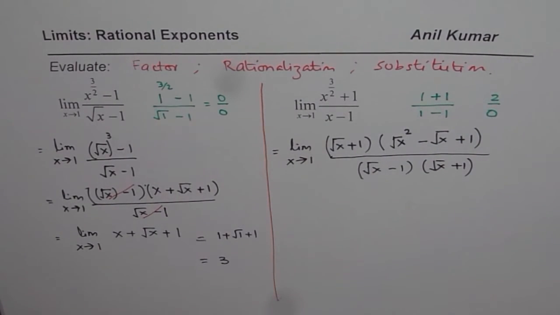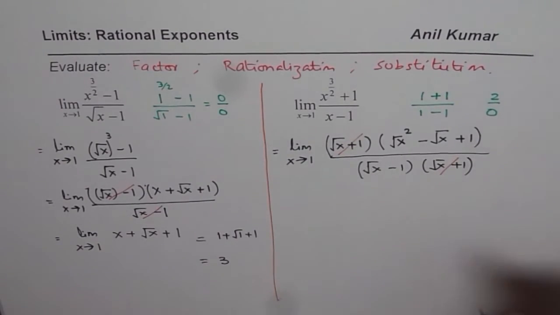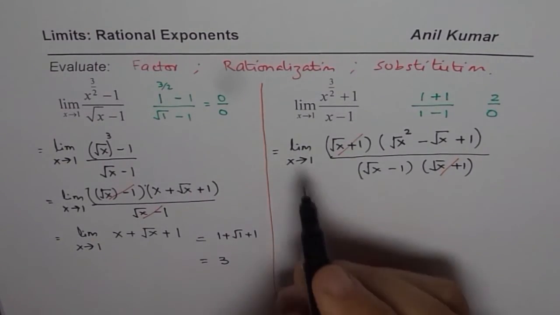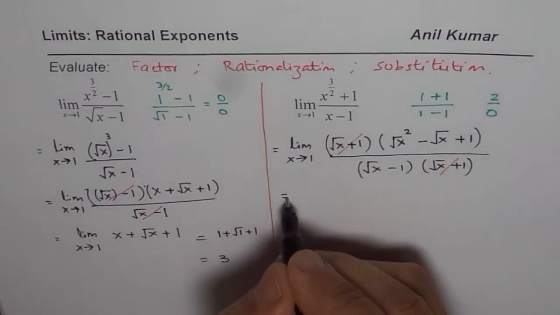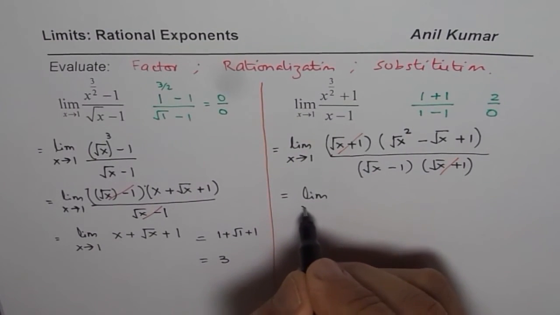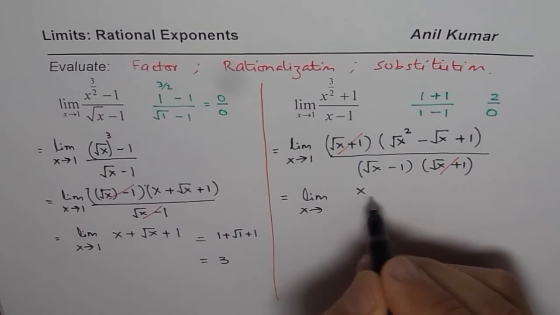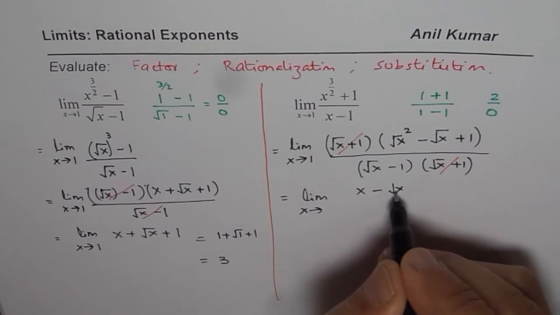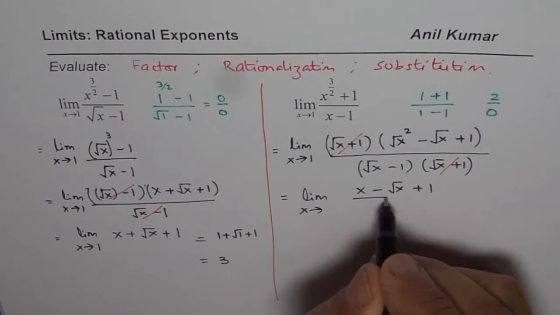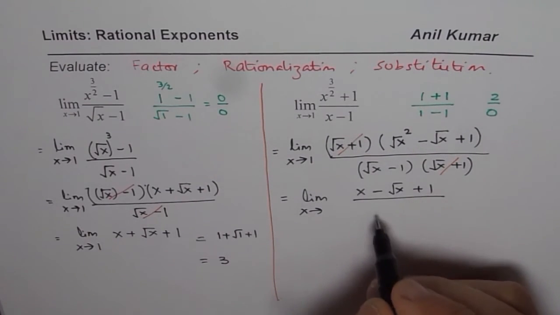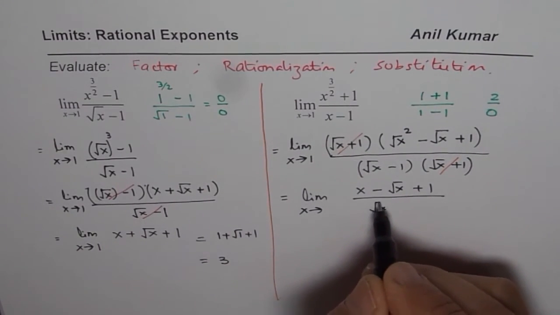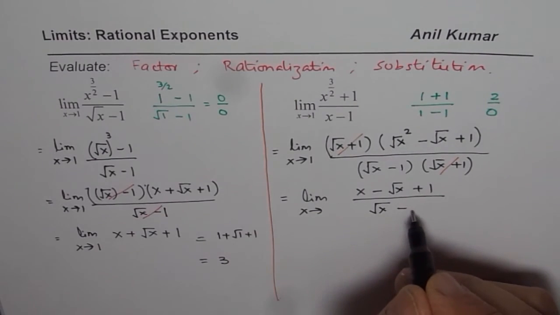Now as you can clearly see, square root of x plus 1 cancels out. Substitute 1. Now, let me first rewrite this in the simplified form. So we have (x - square root of x + 1) divided by (square root of x - 1).